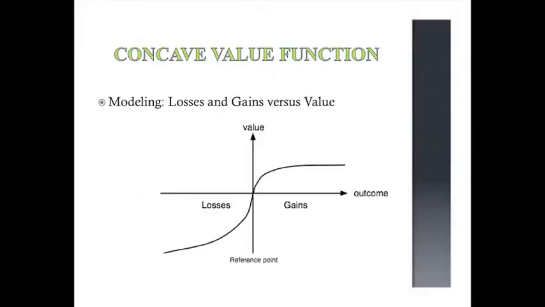Now you can see here, because of the concavity, if you say 100 bucks is here, then you give the person a $100 gift, they get a little feel good. Then you give them another one, and they feel good. But because of the concavity, if you go out here, say that's 200, yeah, it's more, but it's not twice as much.